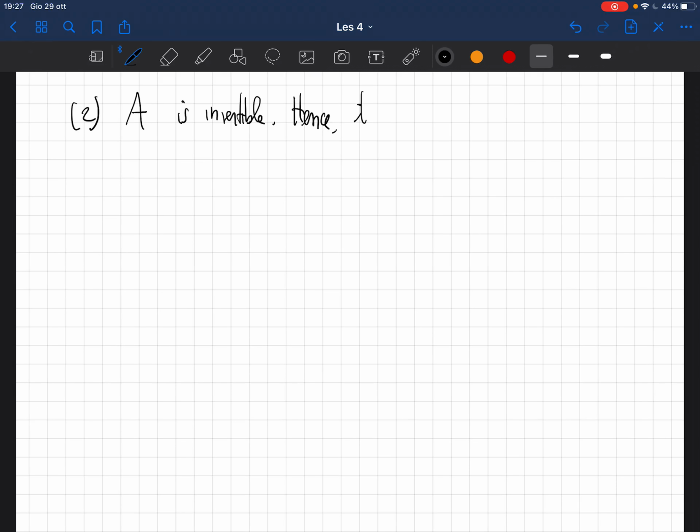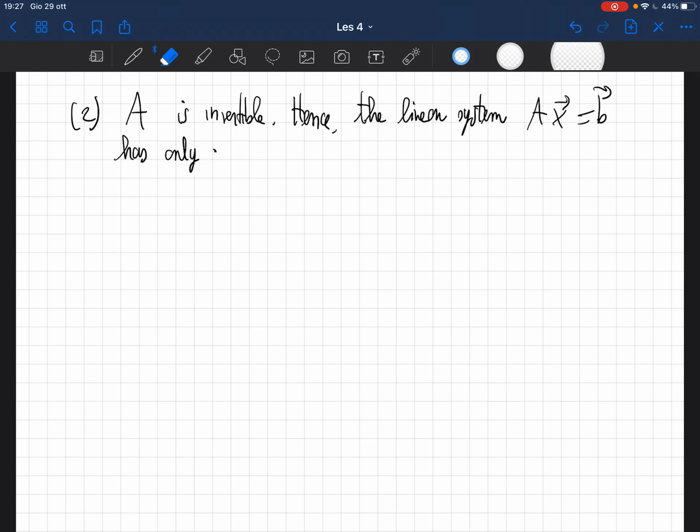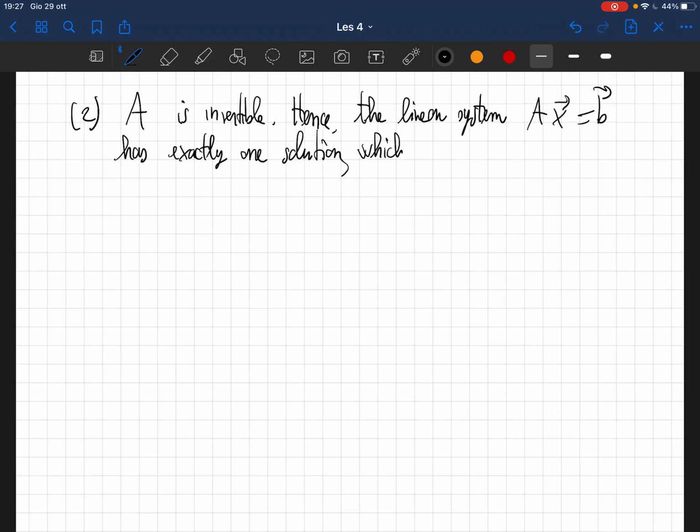Hence, the linear system Ax equal to b has exactly one solution, which is given by x is equal to A minus 1 times b.